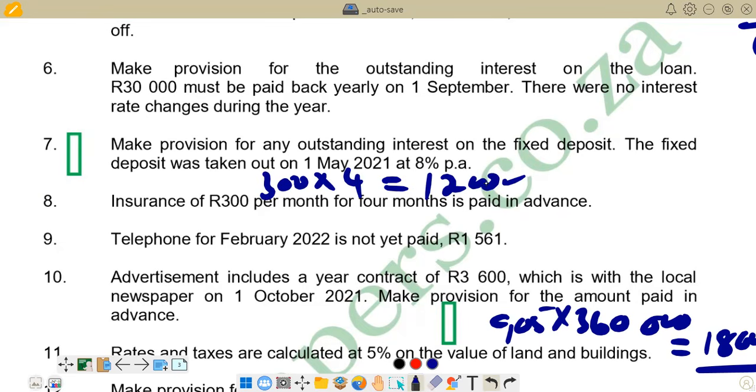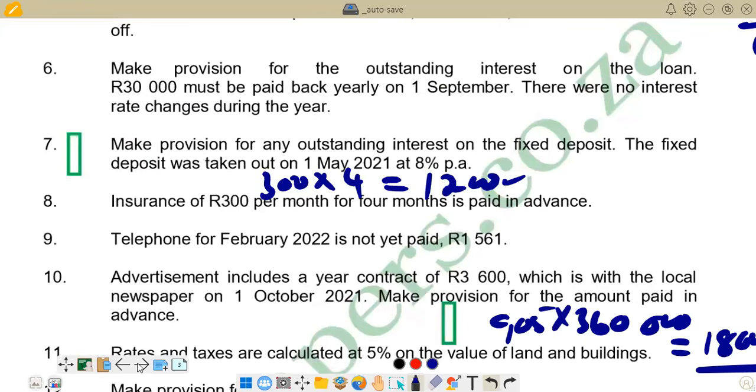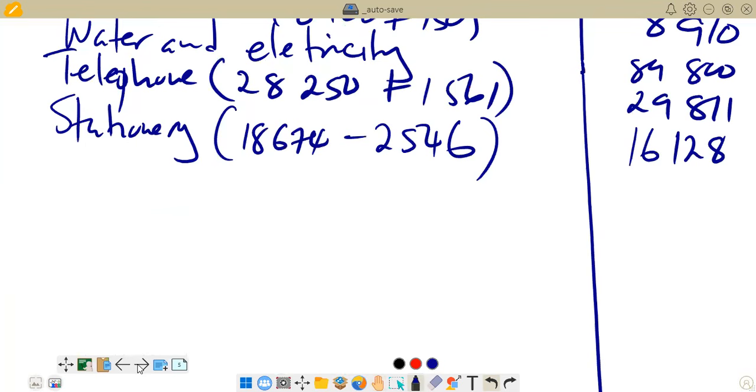Remember, any expense that is paid in advance, we subtract the amount. So the figure that we are given for insurance is 27,305 minus 1,200. So we go there and say insurance, 27,305.